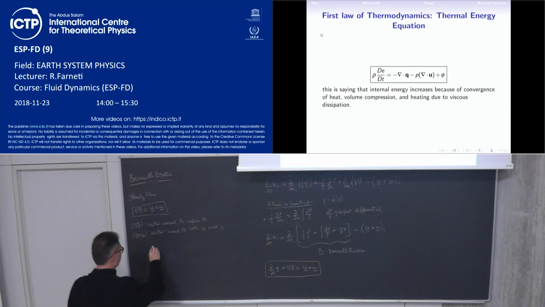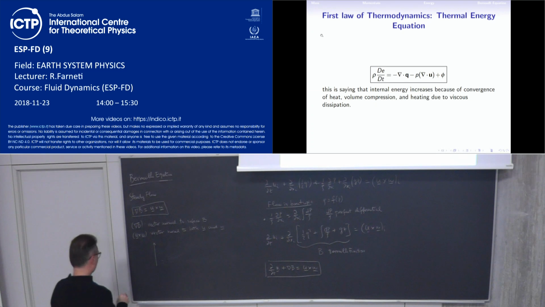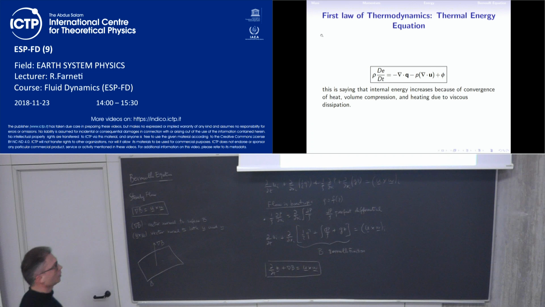So if you make a sketch of this, this is the vector which is normal to this surface B, which is equal to this vector, which is normal to U and W, which are the streamlines and the vortex lines. Okay? Actually, we'll define the vortex line in a minute, but vortex lines are basically the same thing as the streamlines, but instead of being lines of constant velocity, they are lines of constant vorticity.